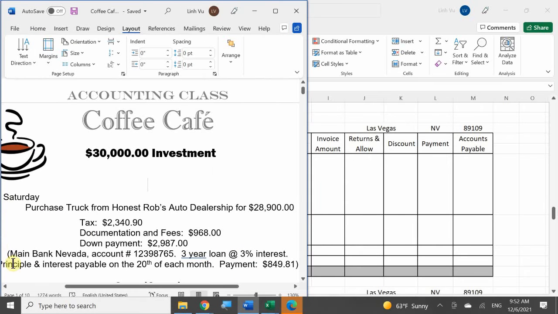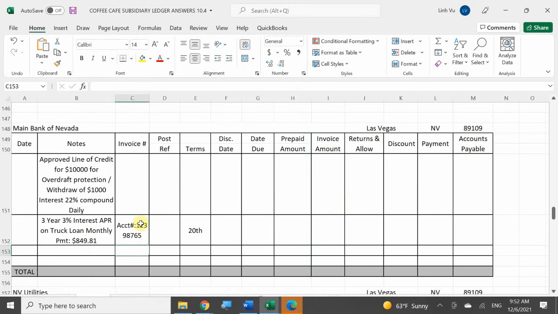Okay. Account number 123987. Yes. Okay. So that's going to be your invoice number, because this is the account you're going to use to make your monthly payments of the $849.81 per month.